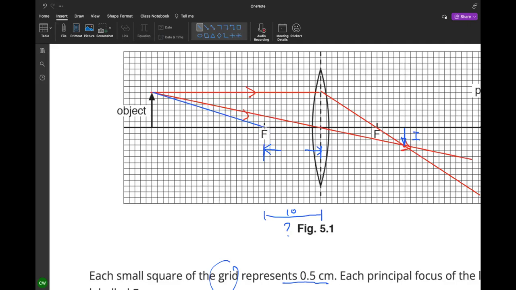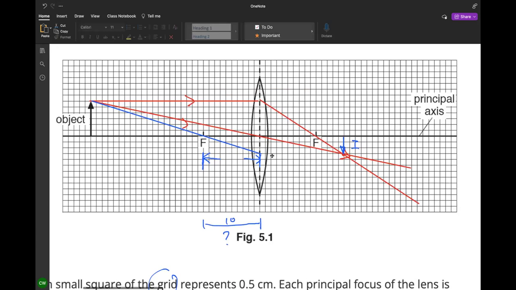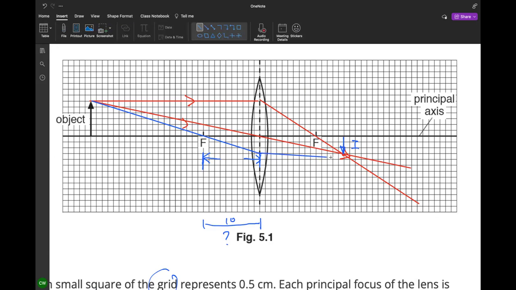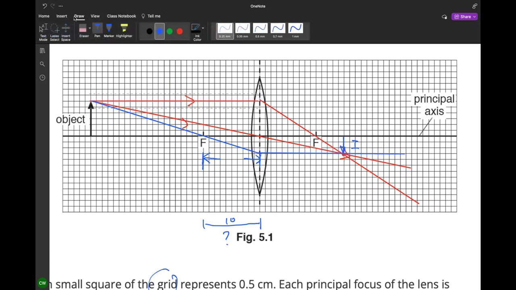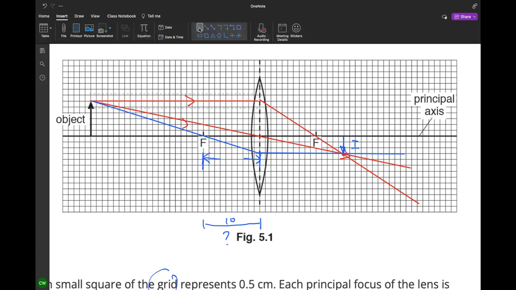This is the first focal point, and then you make it pass through and come to this point. Then from this point, draw another line parallel to the principal axis. So you find that all three will be meeting at the same point. Can you see that they are meeting together at the same point?